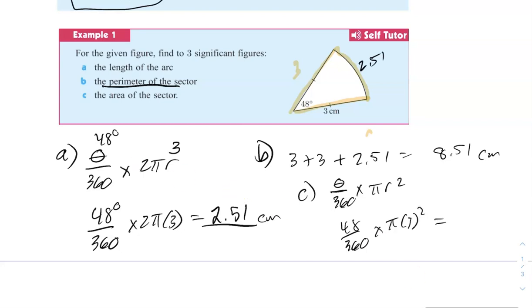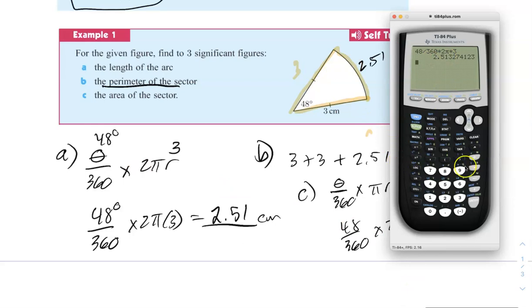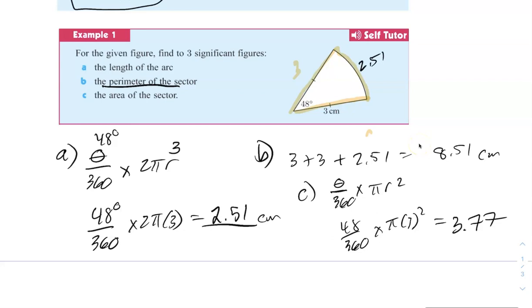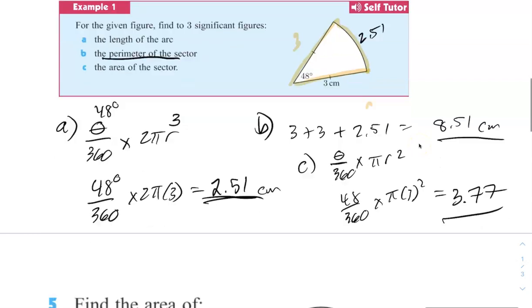I'm going to use my calculator to do that. 48 divided by 360 times 3 squared pi. So 3.77 to 3 sig figs. That's area of a sector, that's perimeter, and that's arc length.